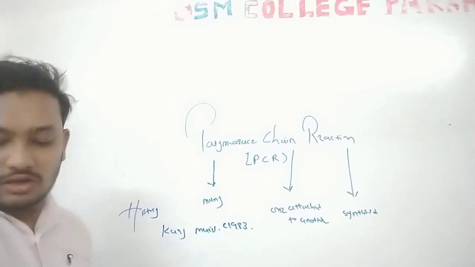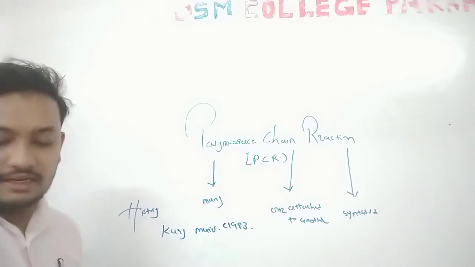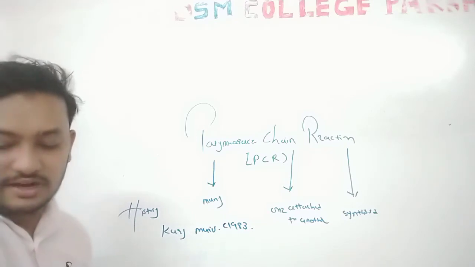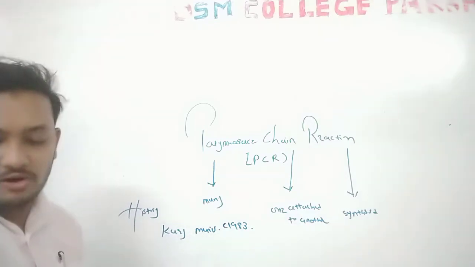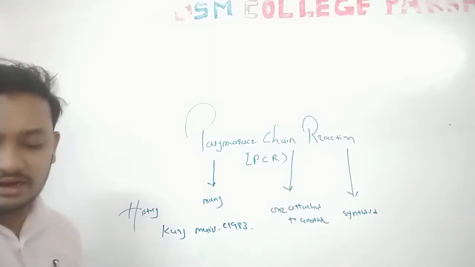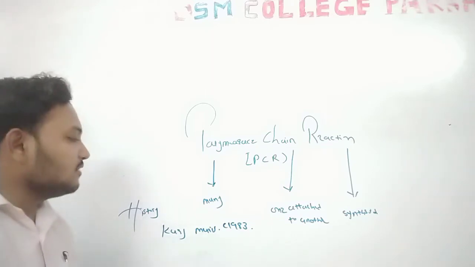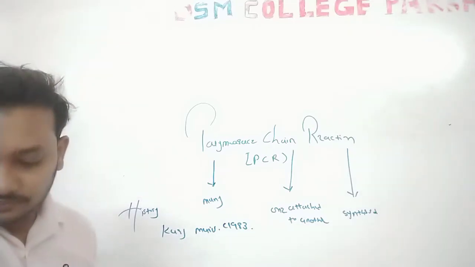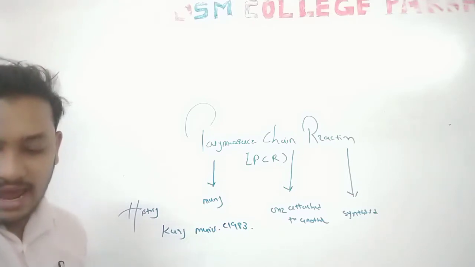In cooperation with the Francisco USA in 1983, through the CETUS publication, the polymerase chain reaction, that is PCR, was developed. According to Hoffman and La Roche, they did not invent it.